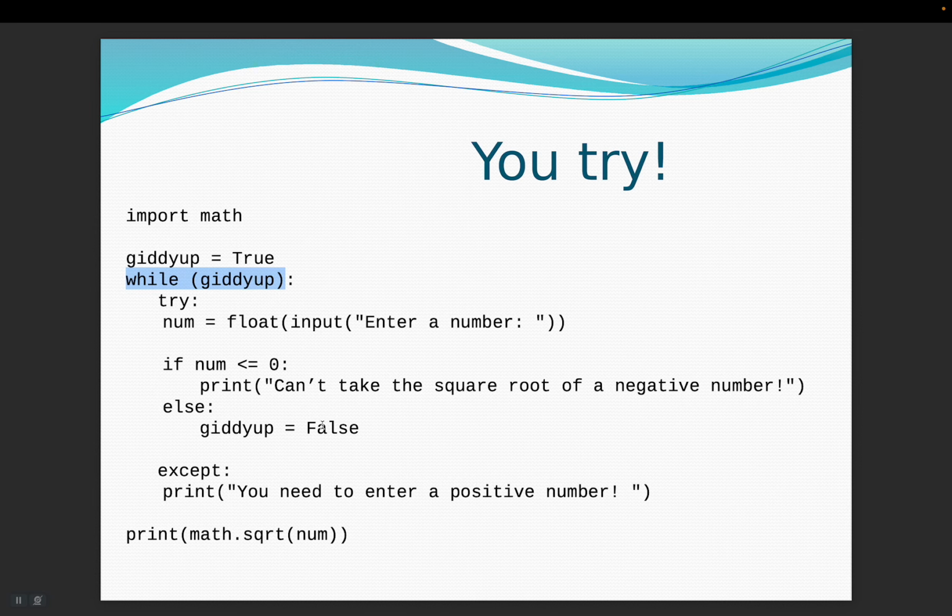Else, change giddy up to false, meaning that we're going to exit the loop because we've got a good number. We're also going to put out a message if the number is negative, to enter a positive number, which is kind of redundant because we already tell them here. And then we do our calculation here.